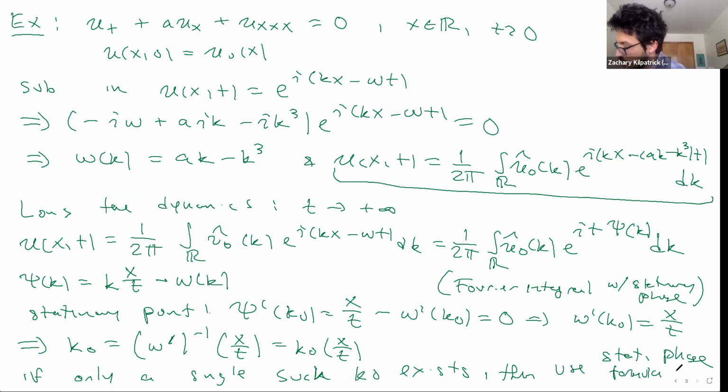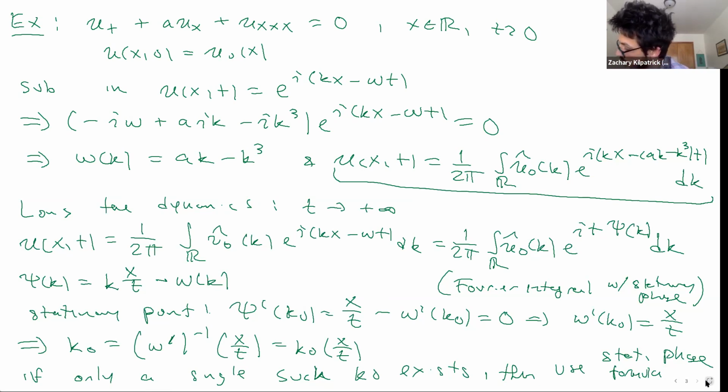So we proceed as before. We are going to Taylor expand this function about the stationary phase point. We would also Taylor expand the amplitude, but we're just going to evaluate it at k0.